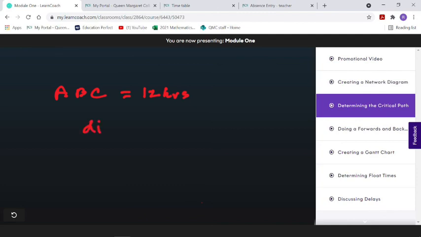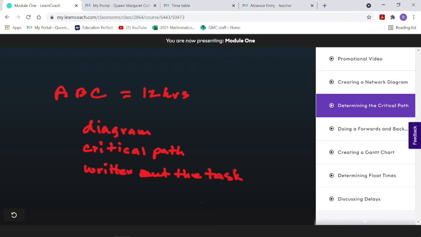So far, we have our diagram, and we've found the critical path, and we've written out the tasks and the time.